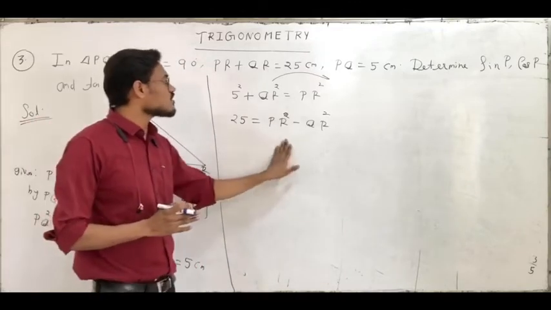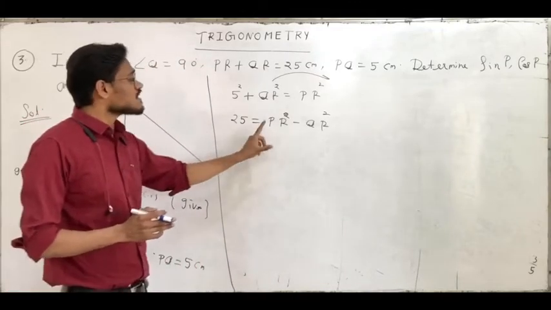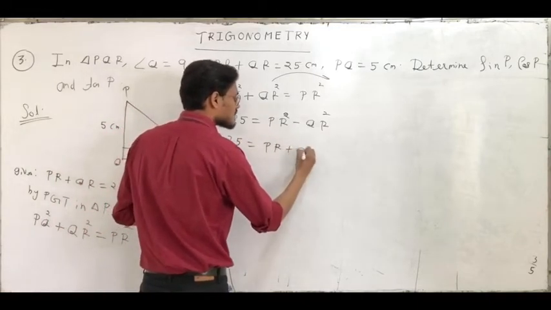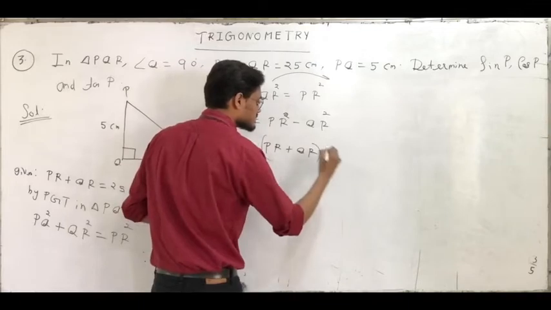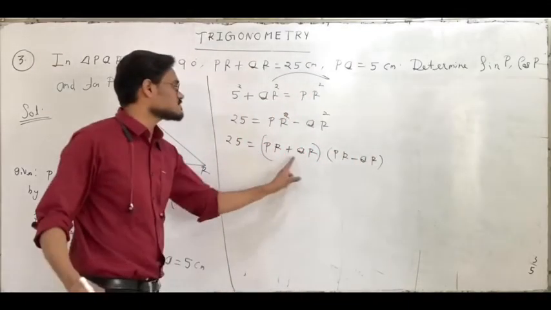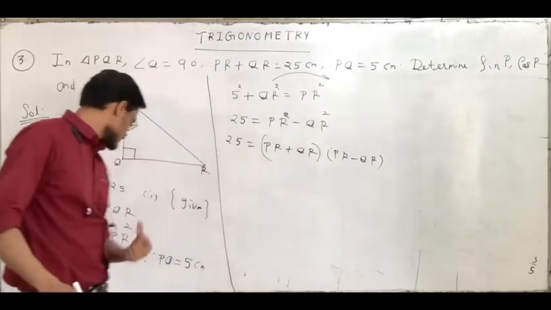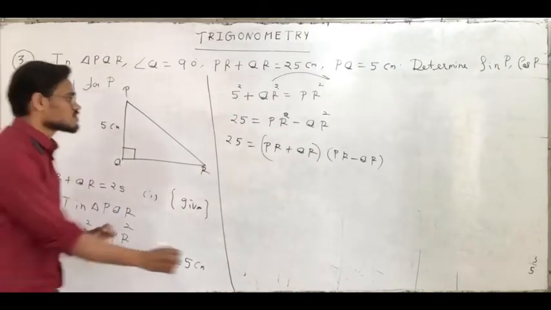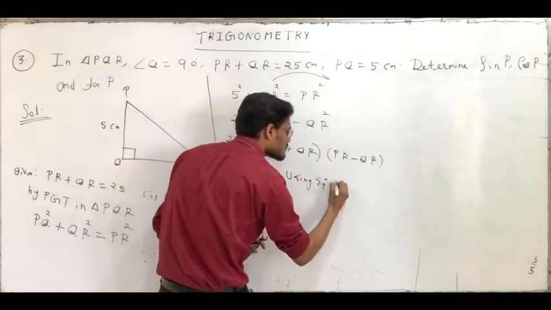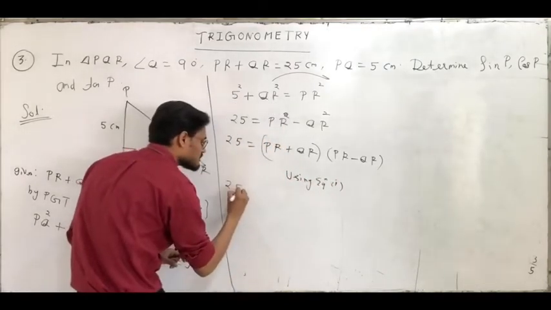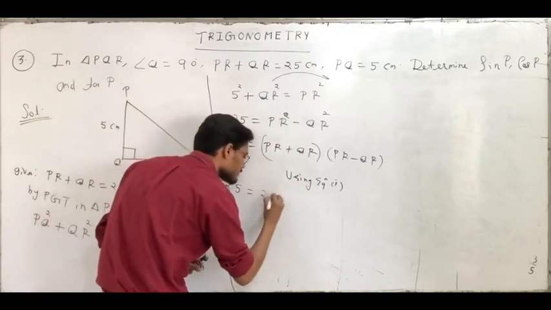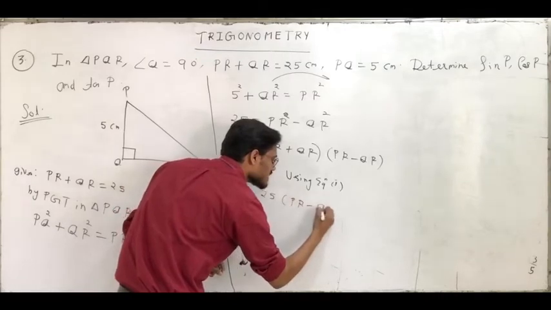So here I am using what? Here I am using identity. Okay, so it will be PR plus QR, A plus B and A minus B. Remember the identity? A square minus B square is always A plus B, A minus B. Now I have this value here. So using equation 1, 25 is gonna be PR plus QR, बोले तो 25, times PR minus QR.